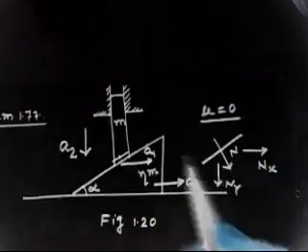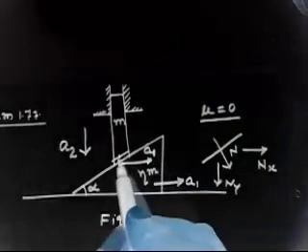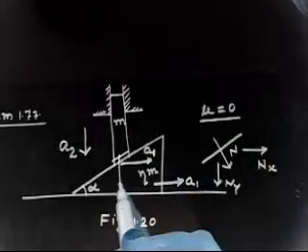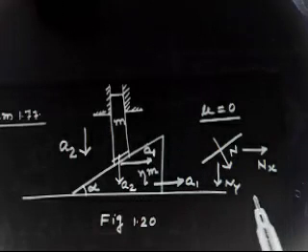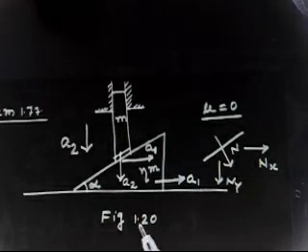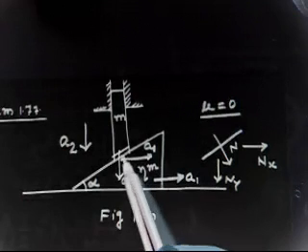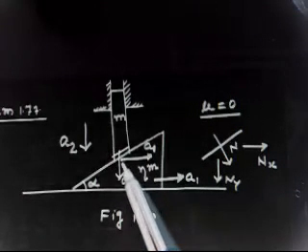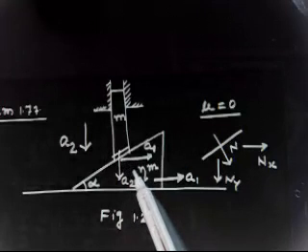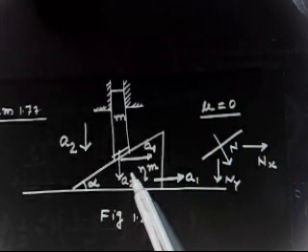Are you getting? And the upper point will have acceleration A2 in the downward direction. Are you getting or not? Now the important point in this problem is that in the direction perpendicular to this plane, this rod is not pressing this wedge.